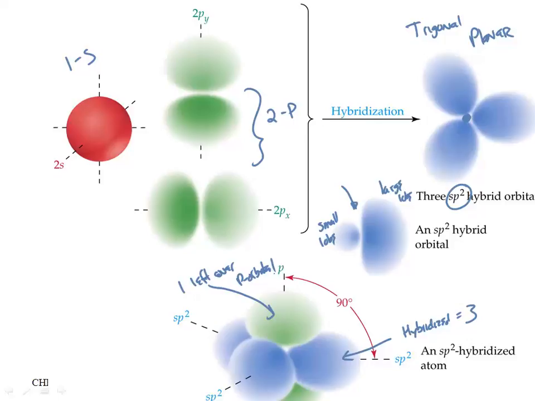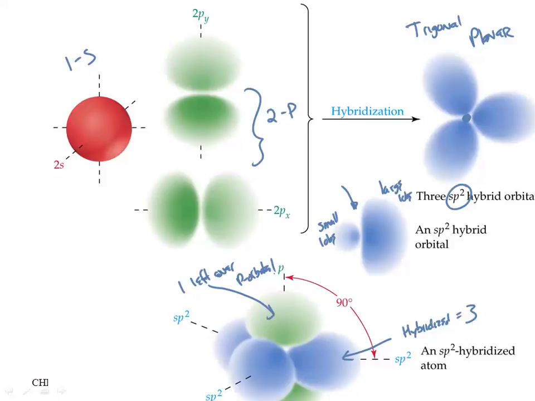But one of the things that we decided when you were building your molecular models, for instance, is if I had something that was trigonal planar, notice that we said that it had 2 single bonds and then there was a double bond on it, right? And that was an example of something that's trigonal planar, right? So what this is going to also allow us to do now is to talk about how that double bond is formed.